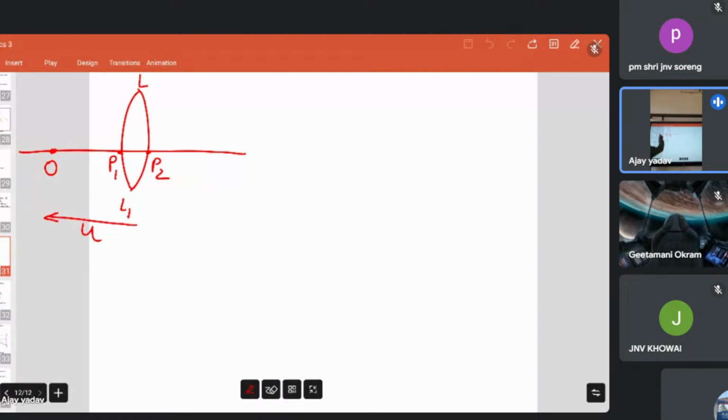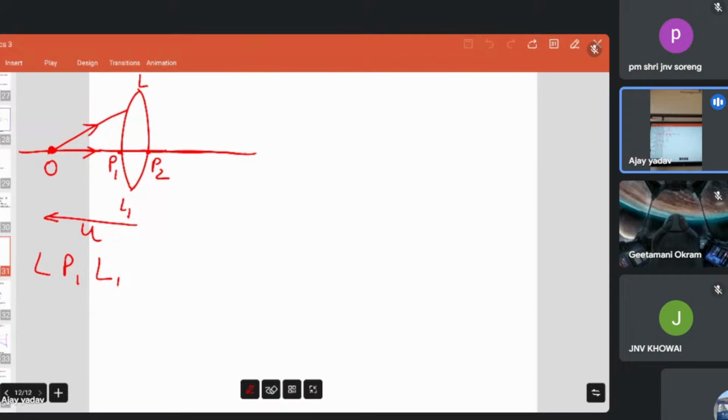One ray from the object will pass straight through the optical center without any deviation. Now consider the other ray from the object, incident on the surface L P1 L1.